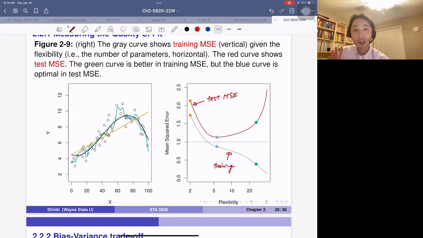Suppose this is the data D1, and we have another data set D2, and we evaluate the MSE of the estimated model with the new data set. Then test MSE is smallest for the blue one. That is pretty reasonable because the green one is unnecessarily volatile and fluctuates too much. So test MSE is considered a better measure for prediction accuracy.